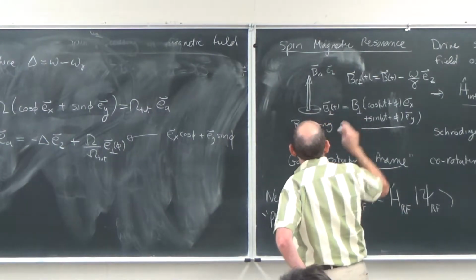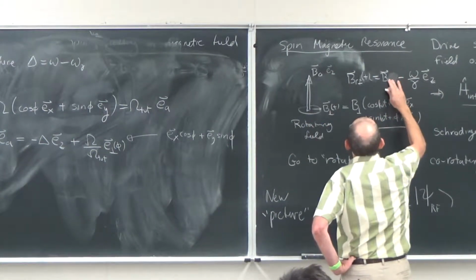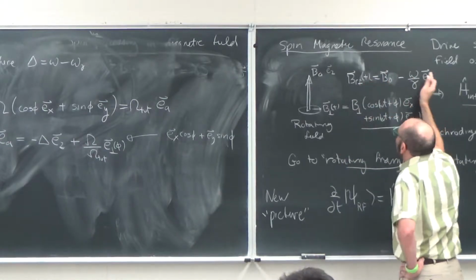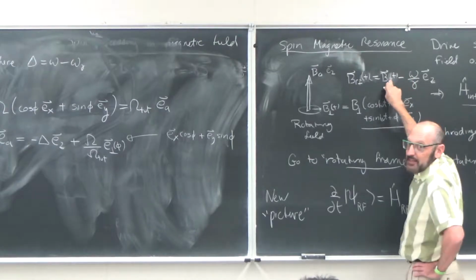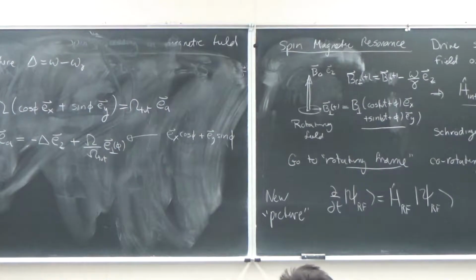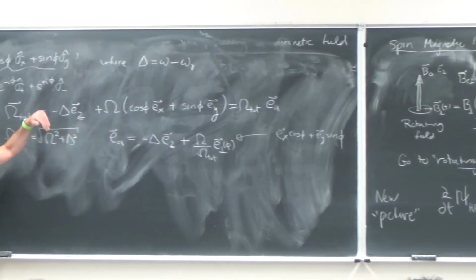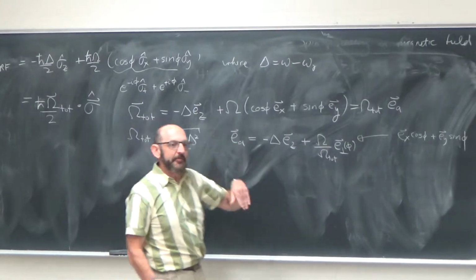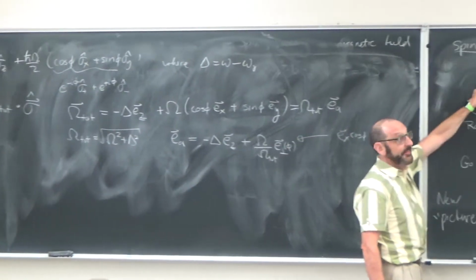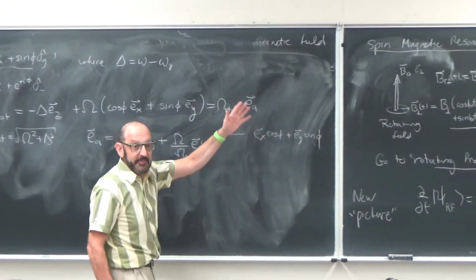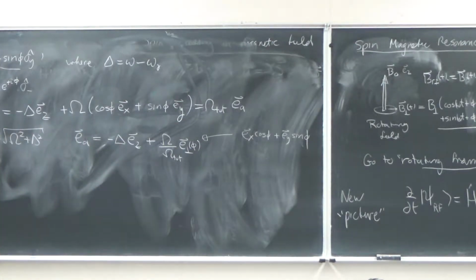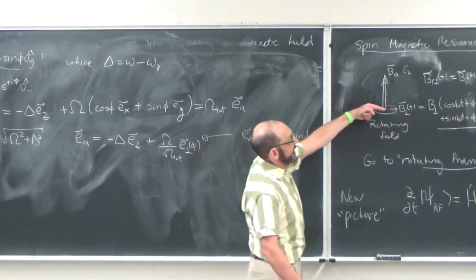Now I go into the rotating frame. This is equal to this B naught. Yeah, it's more complicated now because this is a transformed B, right? But the point is this. This is a direction. There's an effective magnetic field here in the rotating frame, which has a component which is way smaller than this, because I subtracted off that huge magnetic field, and then a component that depends on this in the rotating frame.